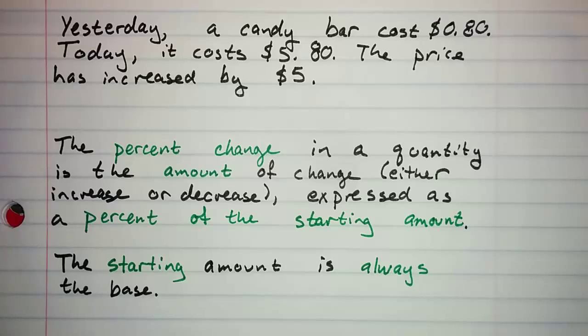The reason for that is we always think of percent change going forward in time. So we always change from the starting amount by some percent of the starting amount.